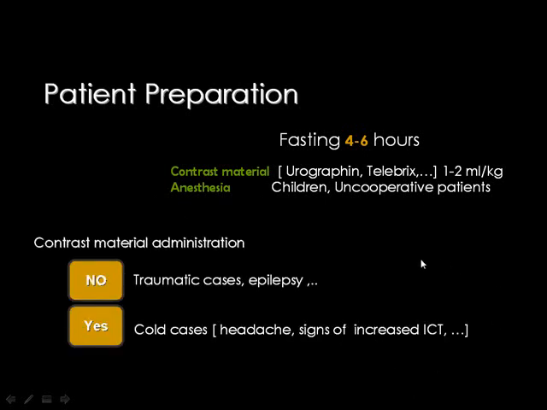We usually inject the patient with contrast whenever we are looking for intracranial infection and brain tumors. But there is no need for contrast material in cases of trauma and cerebrovascular stroke.